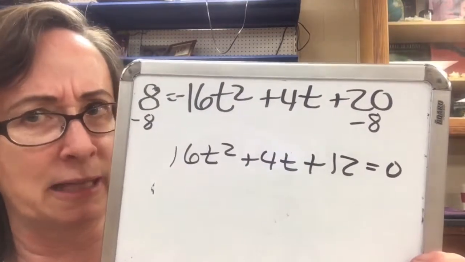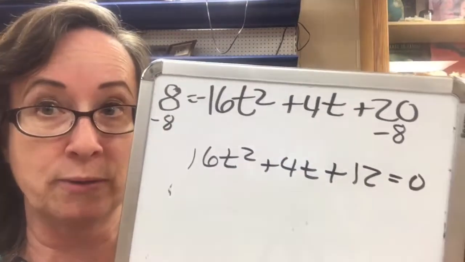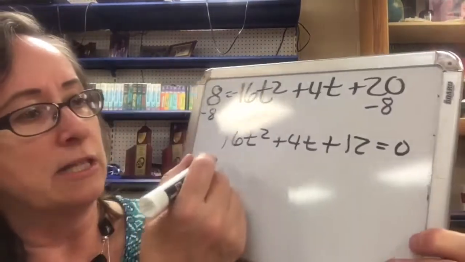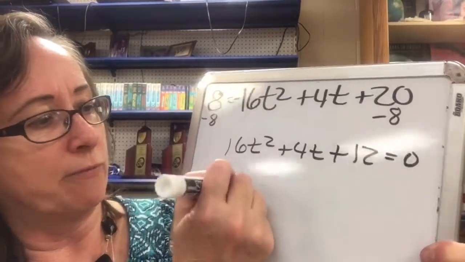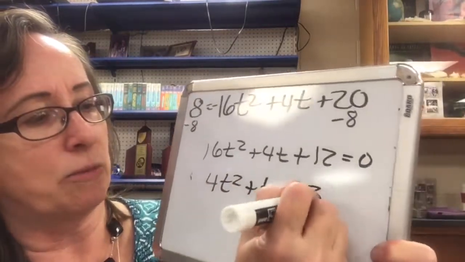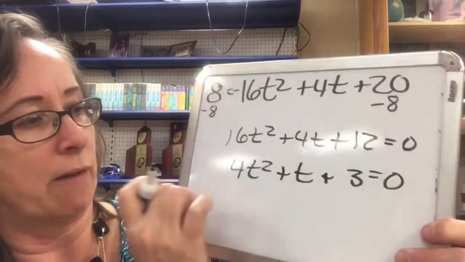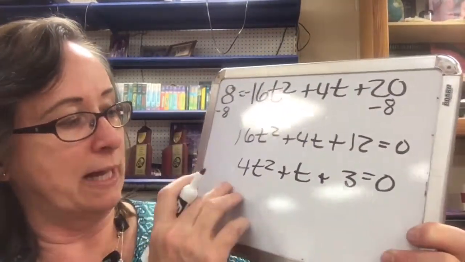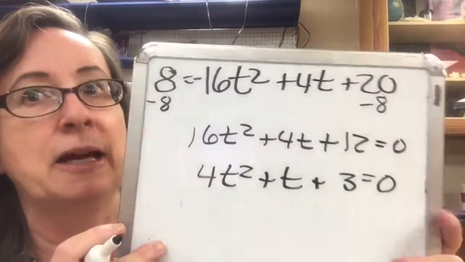Okay, so I have it set equal to 0, and the first thing I would do is divide everything by 4, because remember, I can divide both sides of any equation by a non-zero number. So if I divide everything by 4, I'm going to get 4t squared plus t plus 3 equals 0. Okay, so then I look and ask, does this factor? Well, it probably doesn't.